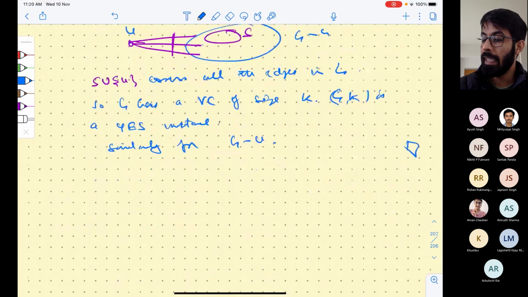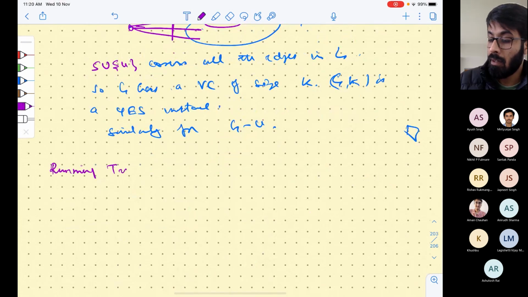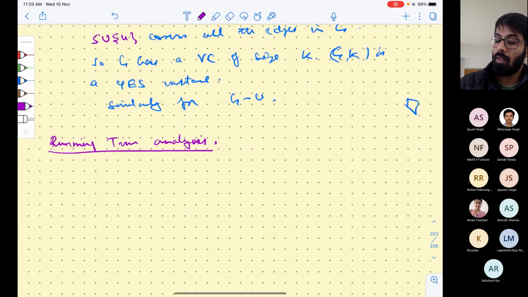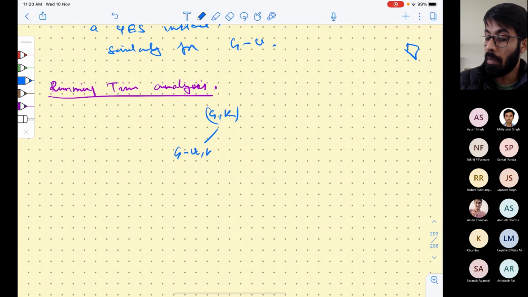So this is fine. But the main thing we wanted was the running time, right? So let's do the running time analysis according to the picture that we have. So we had G comma k, then we had G minus u comma k minus 1.